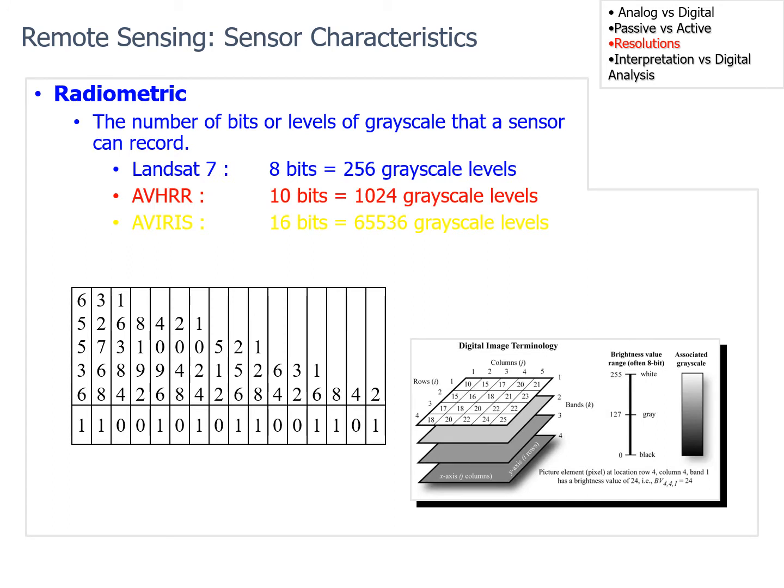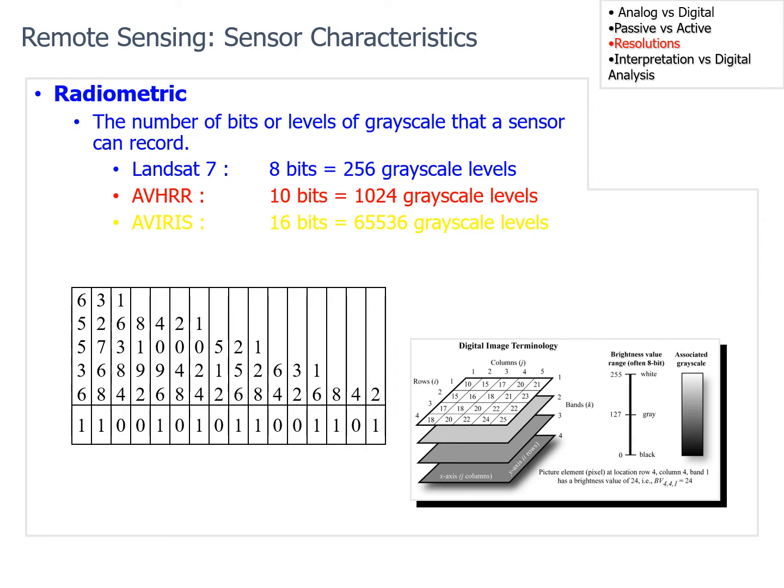And this has changed. Early sensors might have only had 64 levels of gray that they could record. For a while, the standard has been 8-bit data, which is this 256 grayscale levels. AVHRR has 10 bits of resolution. We'll talk about AVHRR later in the semester. So it's 1,000 grayscale levels.